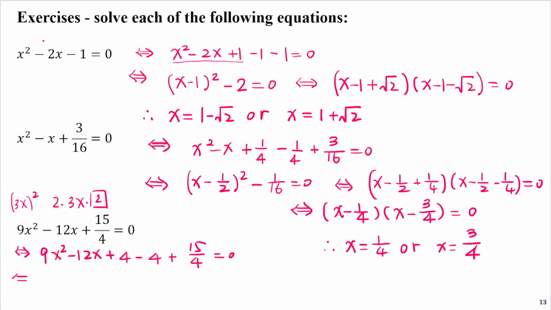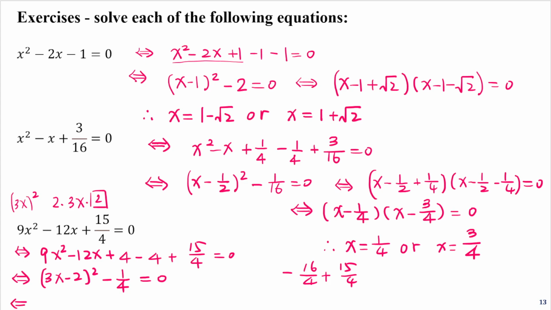First three terms give us 3x minus 2 squared, right? Because if you expand it, you will get 9x squared minus 12x plus 4. Then minus 4 plus 15 over 4 is actually negative 16 over 4 plus 15 over 4. This will give us negative 1 over 4, right? Equals 0.